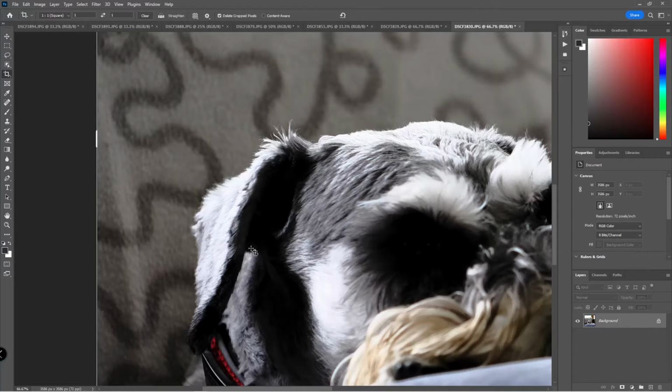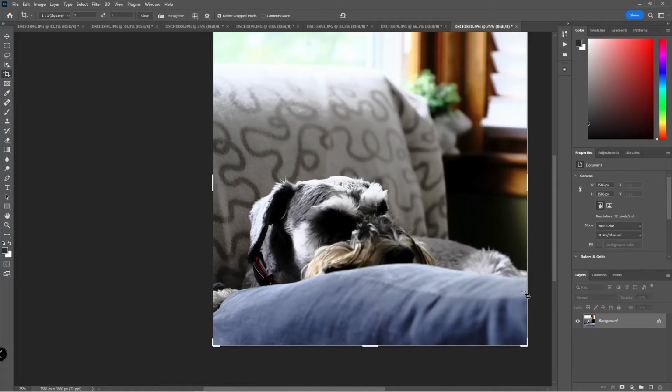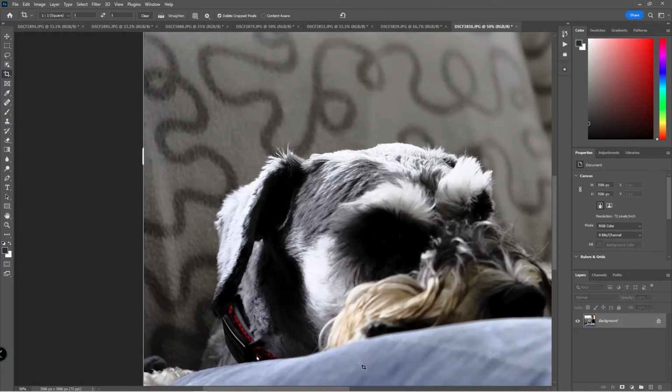Anyway, you know, the pillow is out of focus. This pillow's not even 18 inches long. The back edge of the pillow is starting to be in focus. Looks like maybe his collar is in perfect focus, right back here.